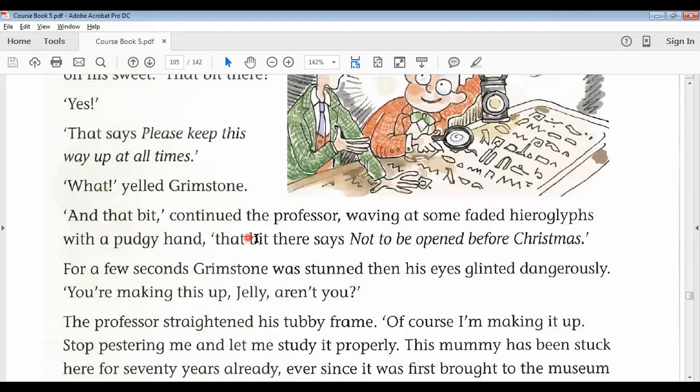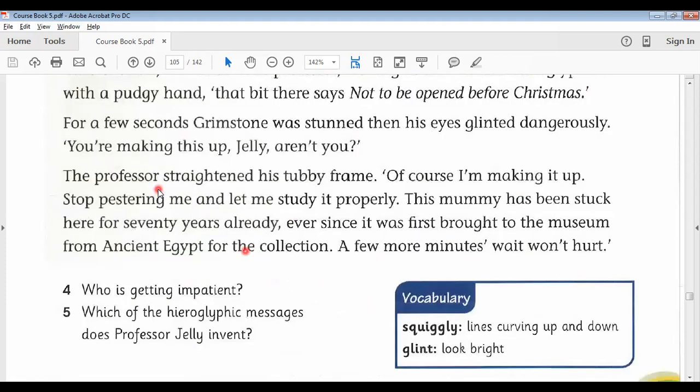"And that bit," continued the professor, waving at some faded hieroglyphs with a pudgy hand, "that bit there says, 'Not to be opened before Christmas.'" For a few seconds, Grimstone was stunned. Then his eyes glinted dangerously. "You're making this up, Jelly, aren't you?"